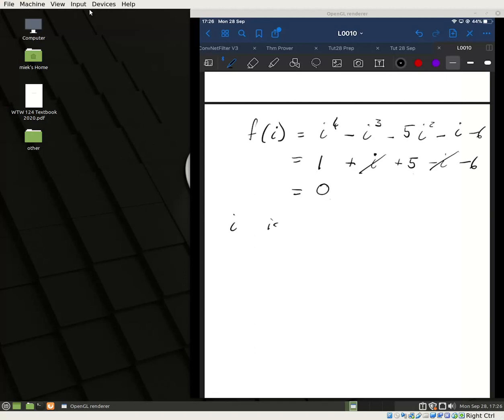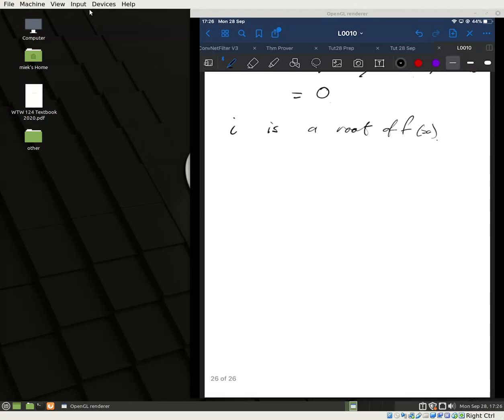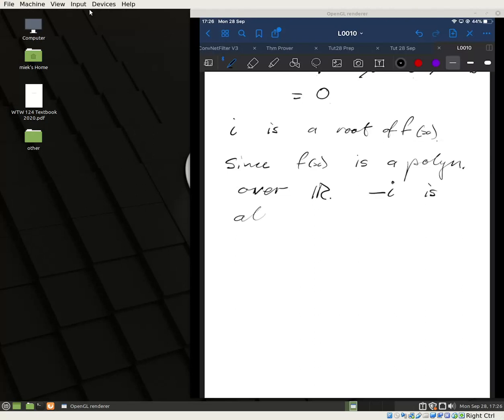So i is a root of the polynomial f(x). And now immediately we see f(x) is a polynomial over R. So since f(x) is a polynomial over R, minus i is also a root of f(x).